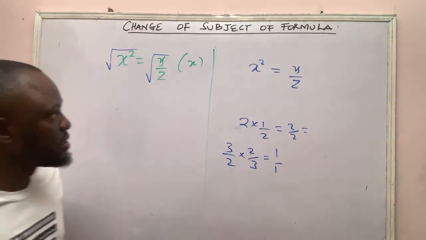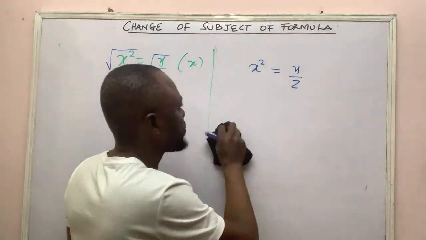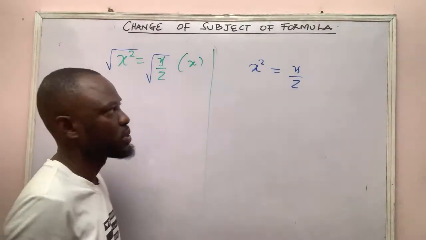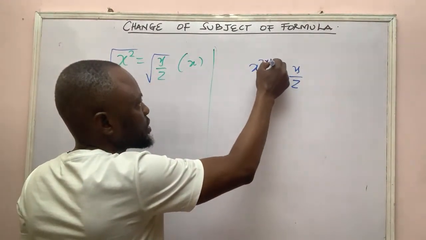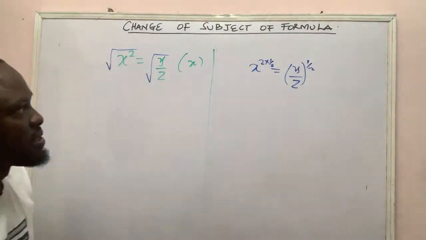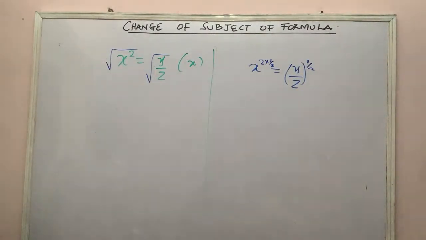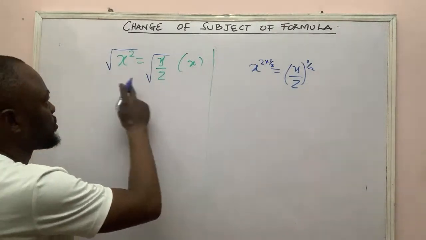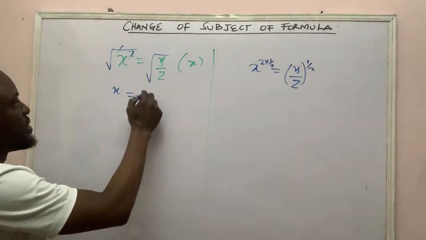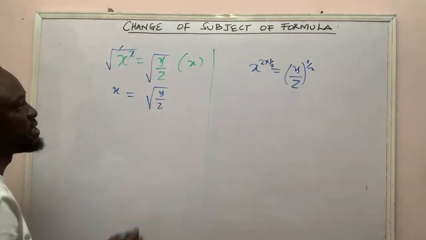All right? So I want the power to be 1. So I'll multiply both powers by 1/2. So this cancels this, and x will be the square root of y over z.